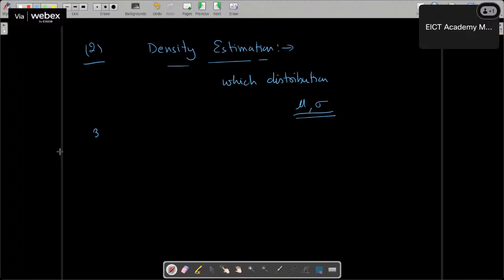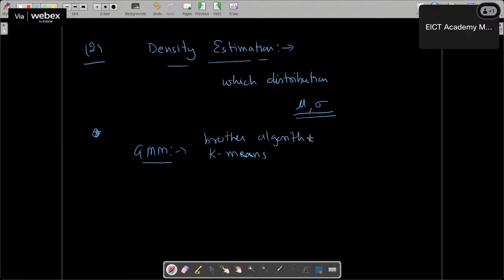Now, we can define GMM, the Gaussian mixture model, in one line: it's a brother of K-means. It's the K-means algorithm from a different planet, you can say.